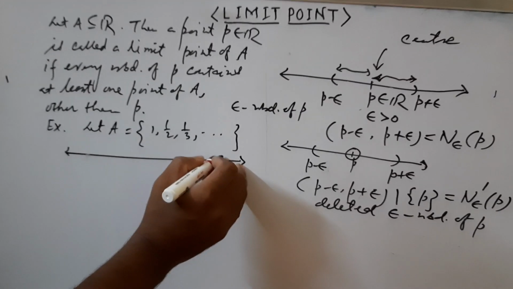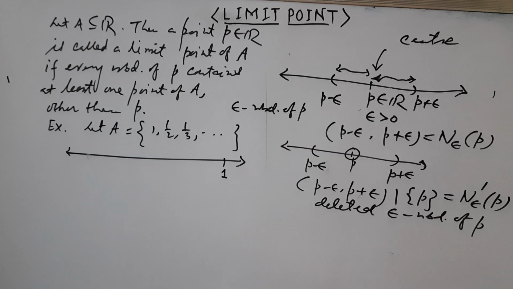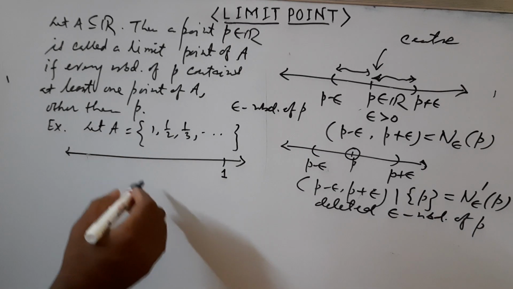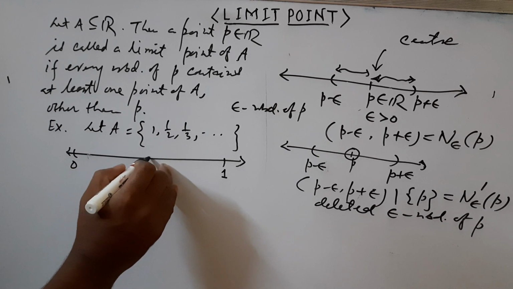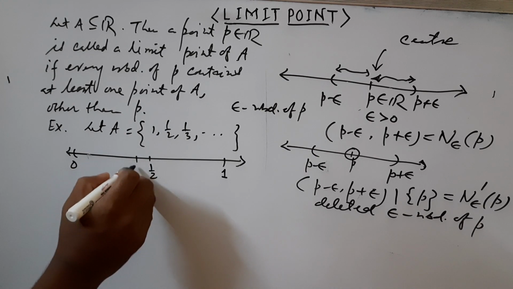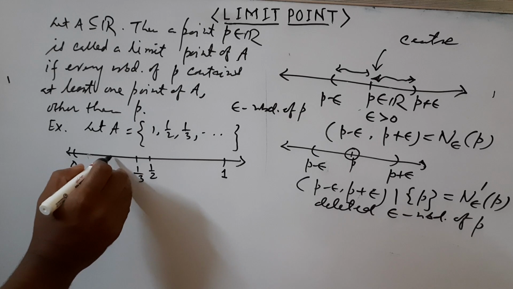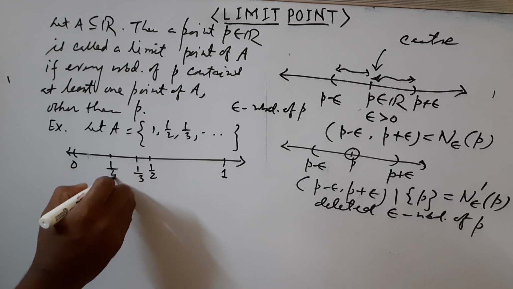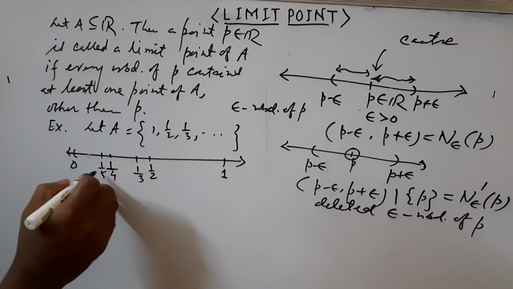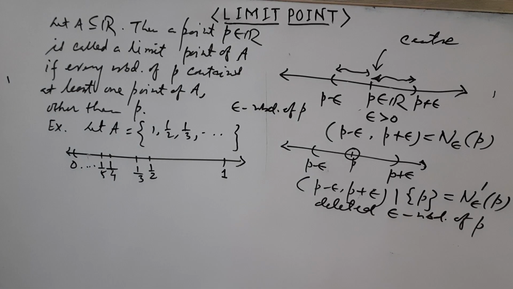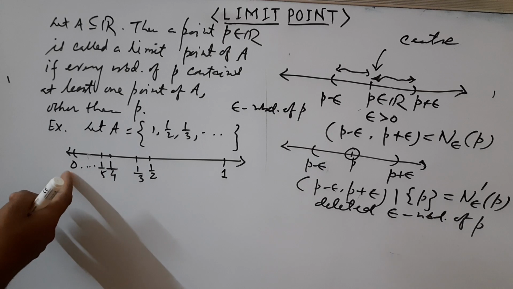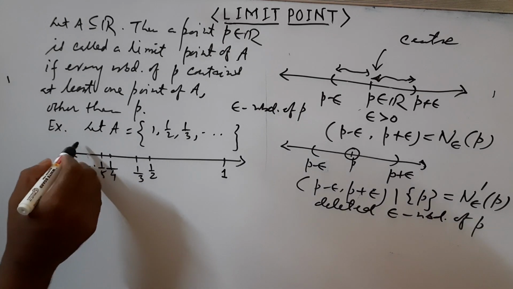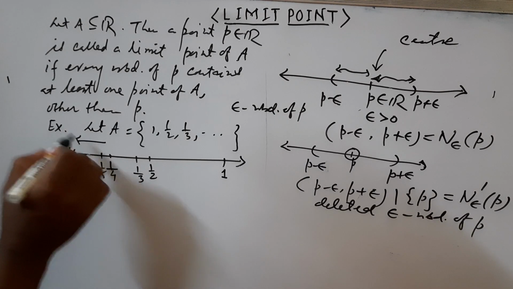So the first term is 1, and the second one is half. If we take this one is 0, so in the middle it will be half. It is 1 by 3, 1 by 4 will be here, and 1 by 5 will be here, etc. So the terms are decreasing and approaching 0 from the right.